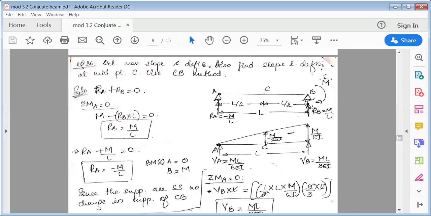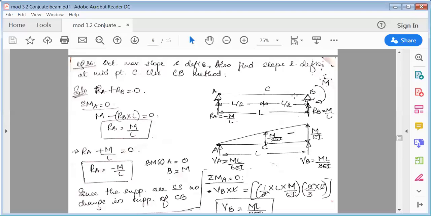Okay, so there is a clockwise moment acting at B. So first we'll find out the reactions. So we'll use the equilibrium equations. And again, this problem is not symmetrical because there is a clockwise moment which is acting at B. So what this moment does is, you can see here, the arrow itself indicates this.